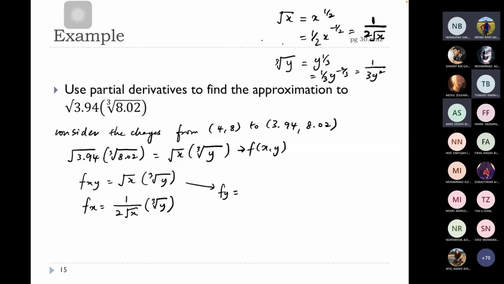Y kuasa 2/3. So 1/3 y kuasa 2/3 set x. Okay. So your x, y from 4, 8 kepada 3.94 dan juga 8.02.